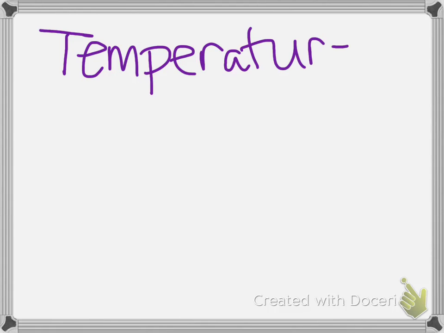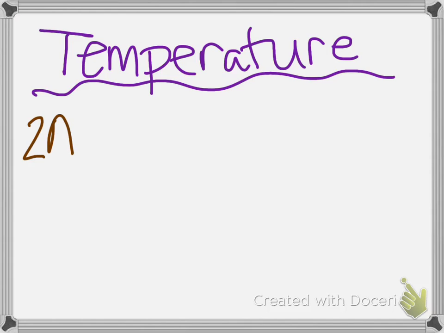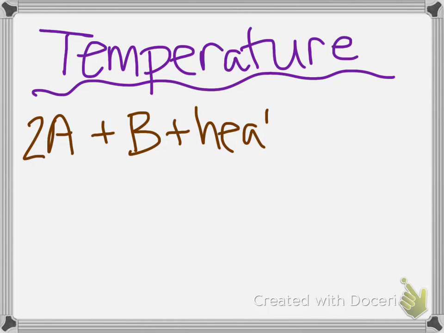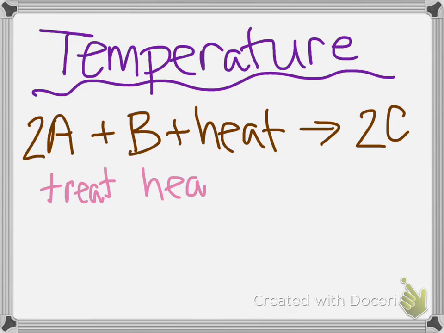Next topic is temperature. There is a much more complicated endo-exothermic explanation with temperature, but we're going to do it the easy way, and that is we're going to use that exact same reaction, and all we have to do is treat heat as a reactant or a product.